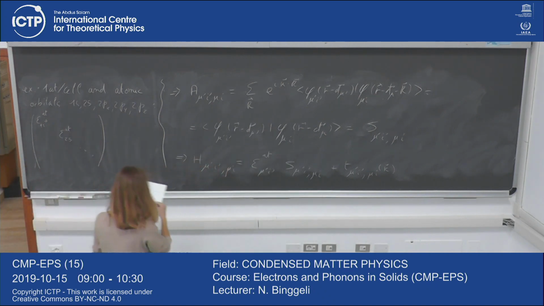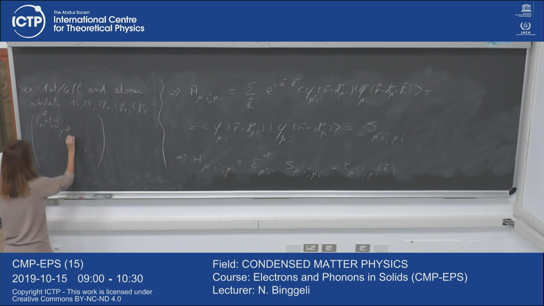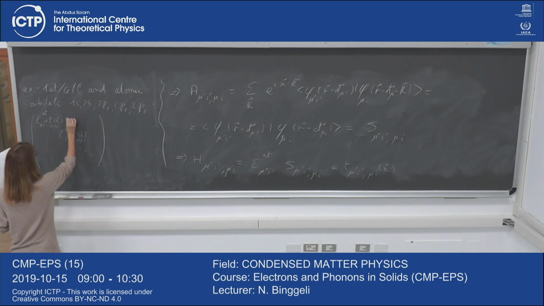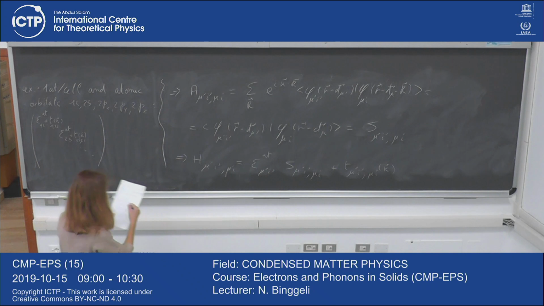Then I have this hopping term, T 1s of k. The same for the other diagonal terms, so 2s of k. Off diagonal, I will have just the hopping terms.